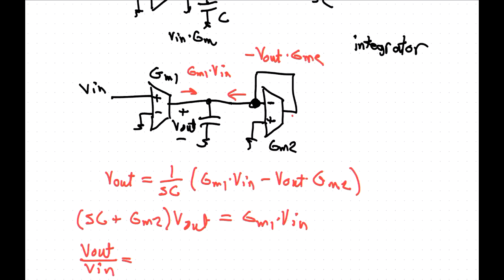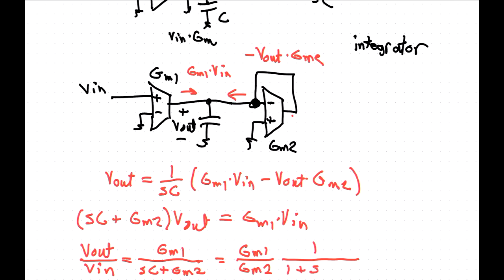So that will be GM1 divided by SC plus GM2. I probably prefer to write this as taking GM1 divided by GM2 outside, because then I have 1 plus SC on GM1.